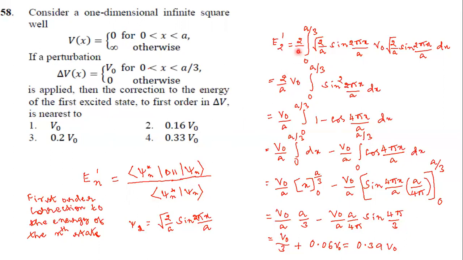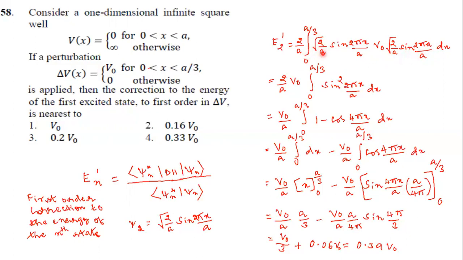Integration from 0 to a by 3, because the perturbation is in the length range of 0 to a by 3. Then psi 2 star, root 2 by a sine 2 pi x by a, V naught, where V naught is the perturbation potential in this length range, and psi 2 is root 2 by a sine 2 pi x by a, dx.